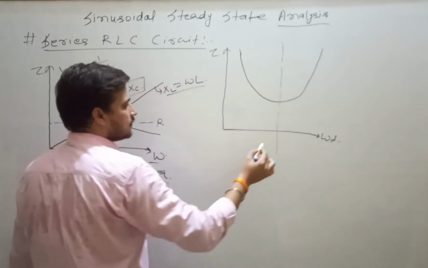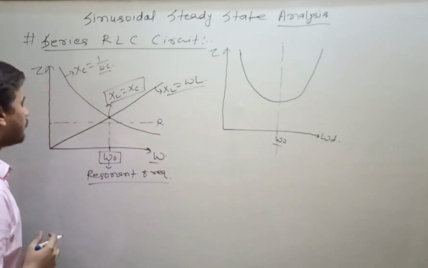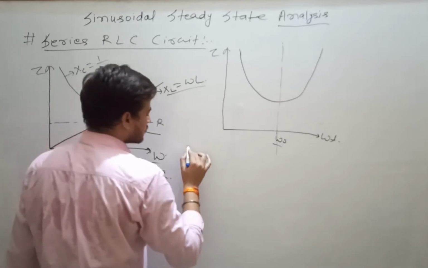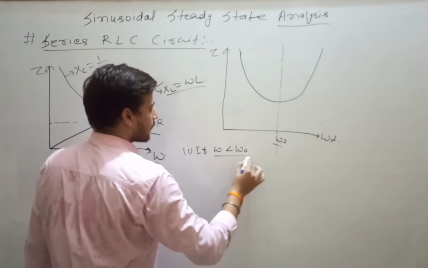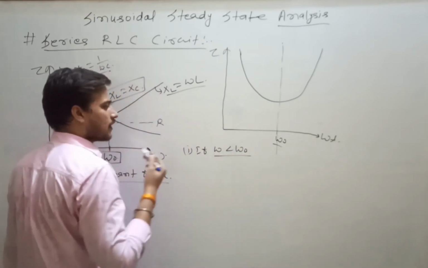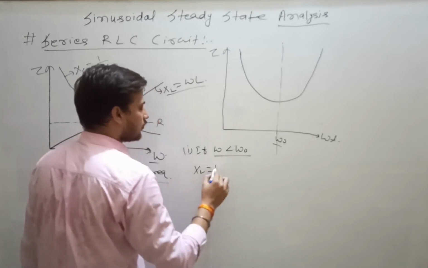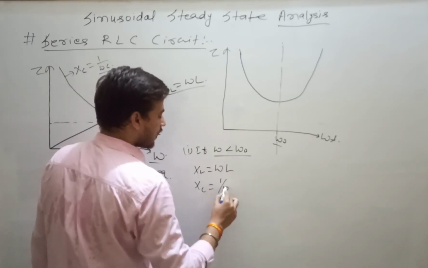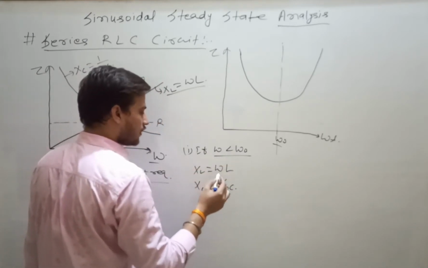Now see, this is the point omega naught. Now the first condition is if omega is less than omega naught. What do you know? XL is equal to omega L. XC is equal to 1 upon omega C. So if omega is less than omega naught, what will happen?